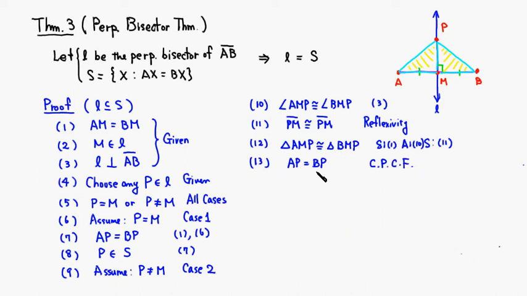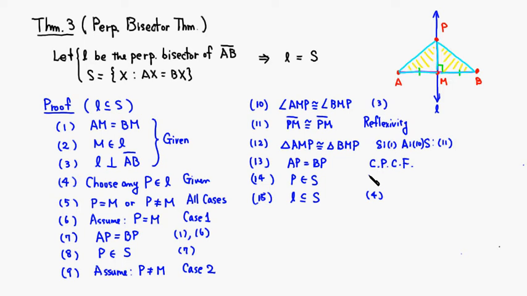So since AP equals BP, we know that, number 14, P belongs to the set S. So either way, we know that P is in S. So the conclusion is, we know that L is a subset of S by line number 4.